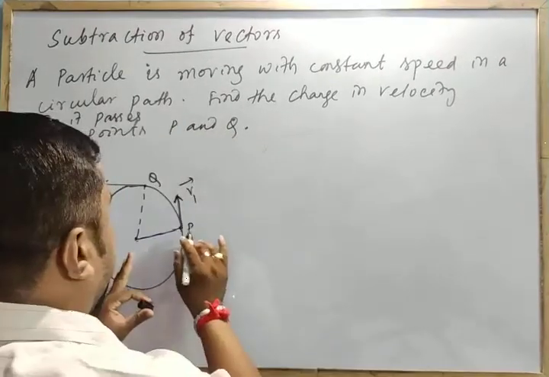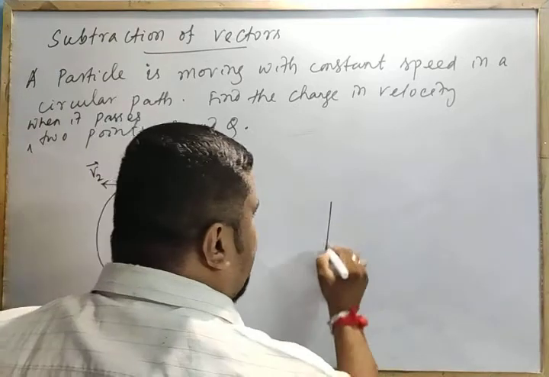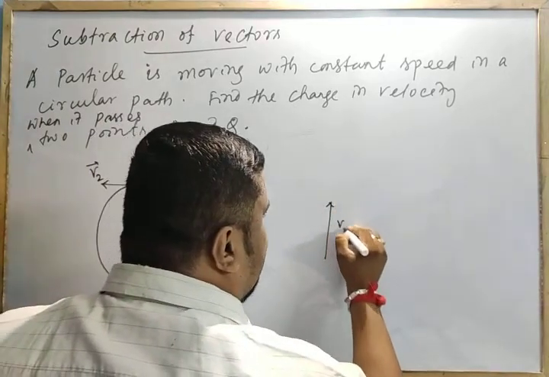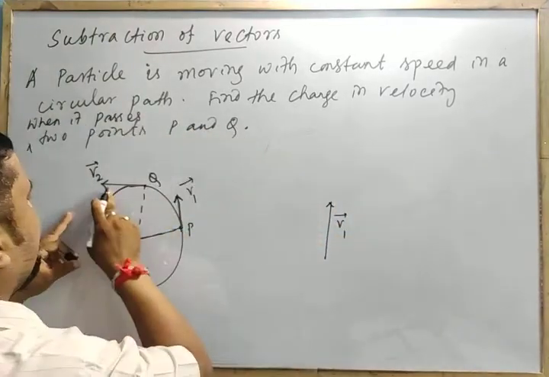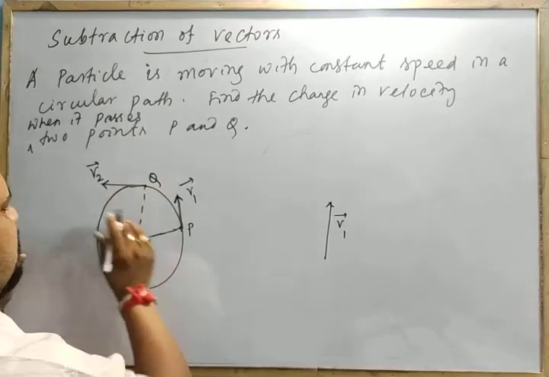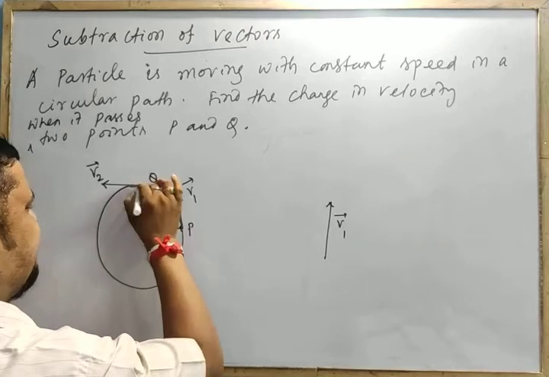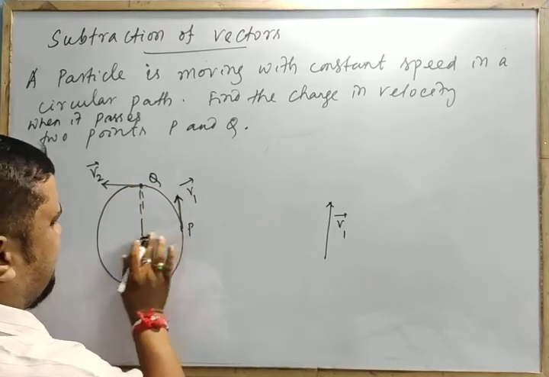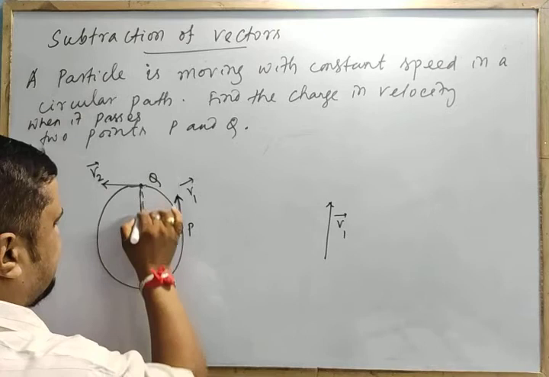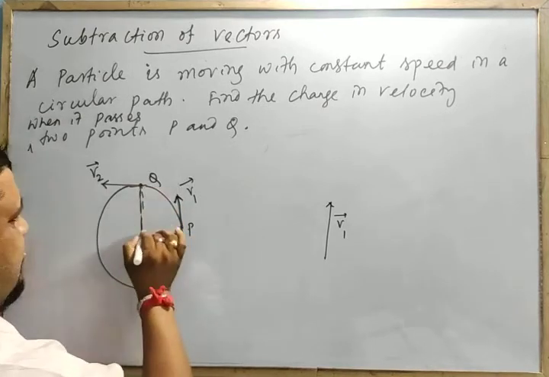Let this velocity be v1. At P, this is the velocity v1. At Q, let this be the velocity v2. Let us make it more clear. Let point Q be here, a quarter of the circle, so this is perpendicular.